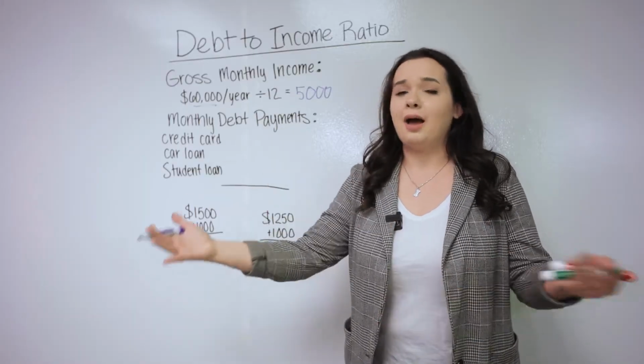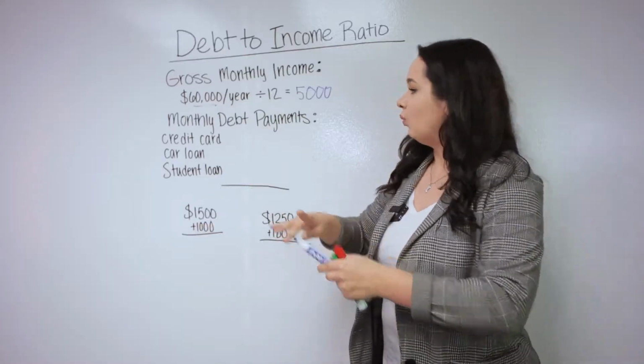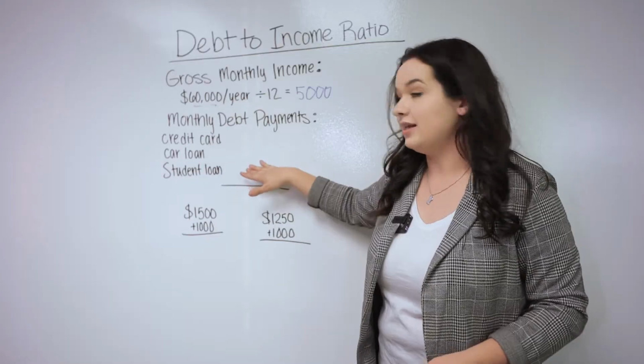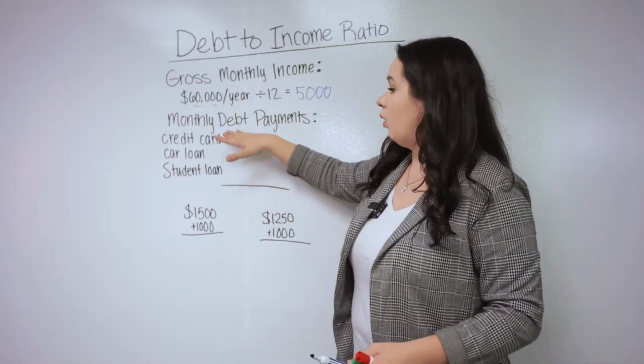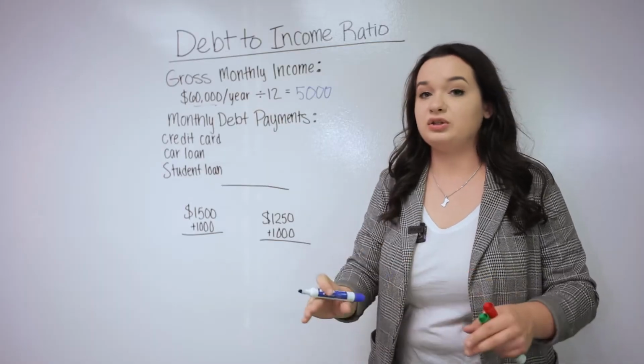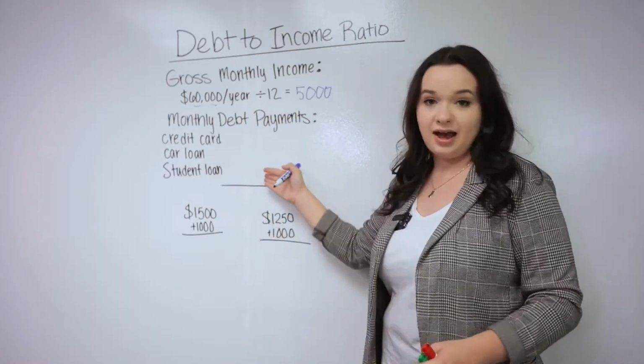If you have a boat loan, anything that is reporting to your credit, we're going to look at those for your monthly debt payments. Now, we don't need to count the balances.